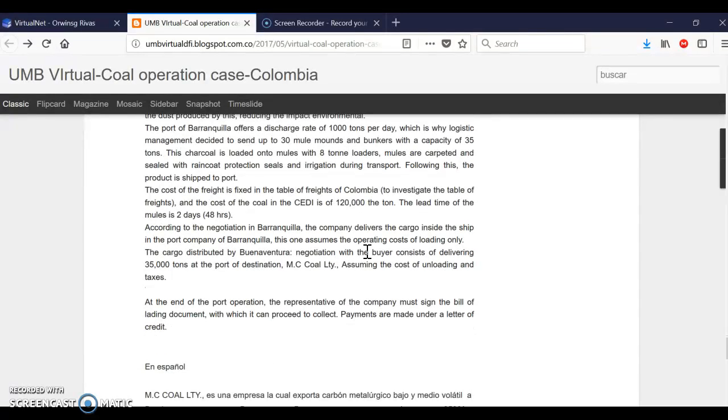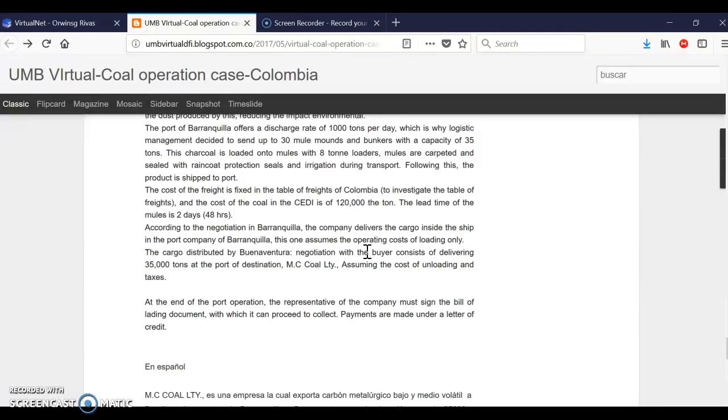We have also the discharging rate of Barranquilla per day, and also the quantity of trucks sent from the warehouse to the port terminals.